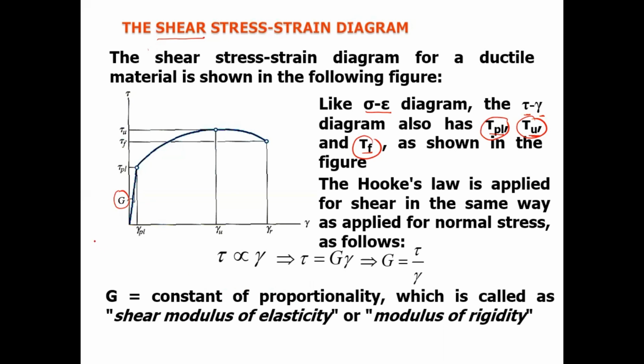Modulus of elasticity is E, and shear modulus of elasticity is represented by G. Now, stress is directly proportional to strain, with G as the constant of proportionality. So G equals shear stress divided by shear strain.